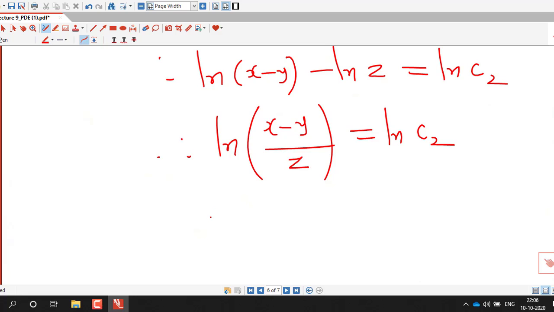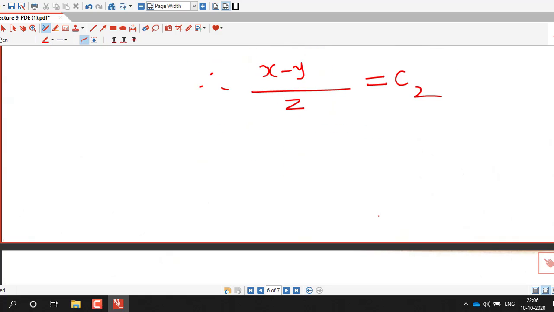Therefore, this is x minus y upon z equal to c2, and the second function is v equal to x minus y upon z equal to c2.